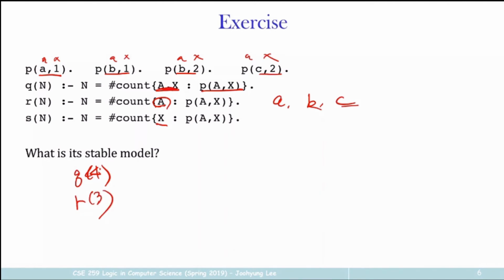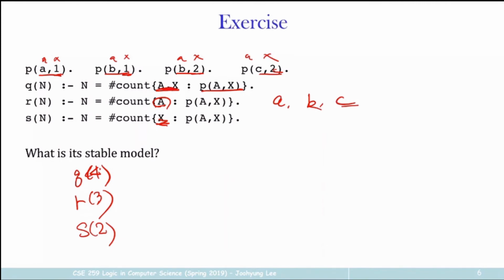And now, for the same reason, what is the S of n? S of n is counting how many X are possible. So 1 and 2 are possible. So that's the value. In order to find this out, just try to enumerate the values of A and X. In the first case, Q, we are counting all the A and X pairs.